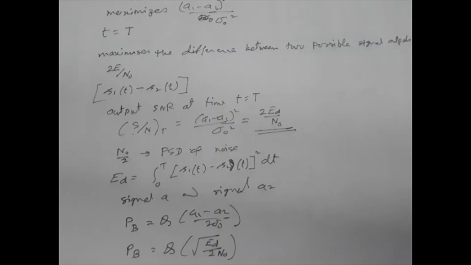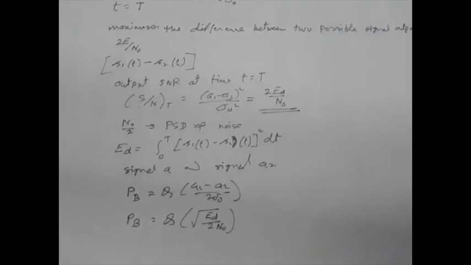So for matched filter, this equation is an important interim result in terms of the energy of the difference signal at the filter's input. From this equation, a more general relationship in terms of received bit energy can be developed.